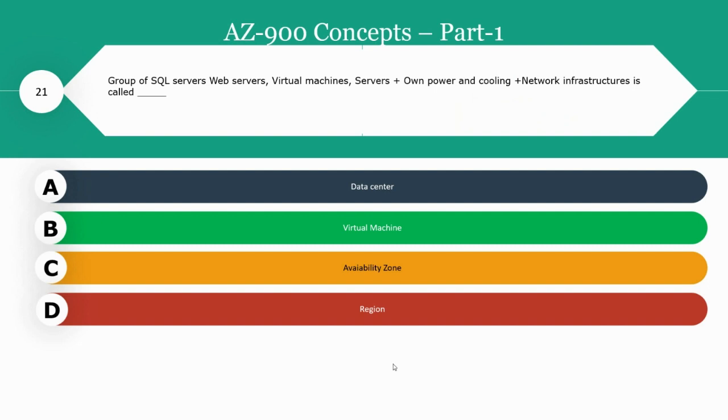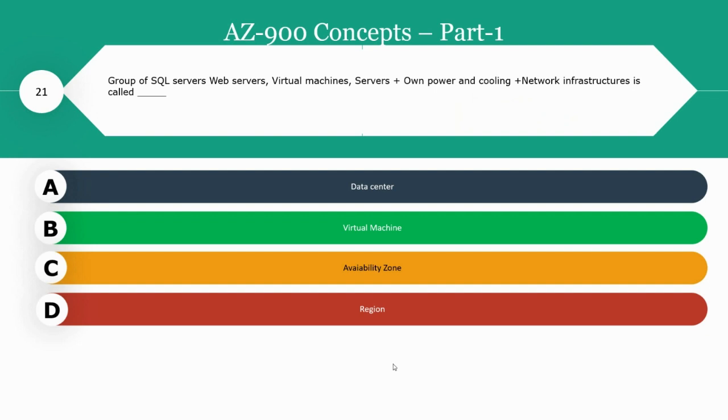Number 1, a group of SQL servers, web servers, virtual machines or servers with their own cooling and power along with network infrastructure is called as: option A, data center; option B, virtual machine; option C, availability zone; option D, region.